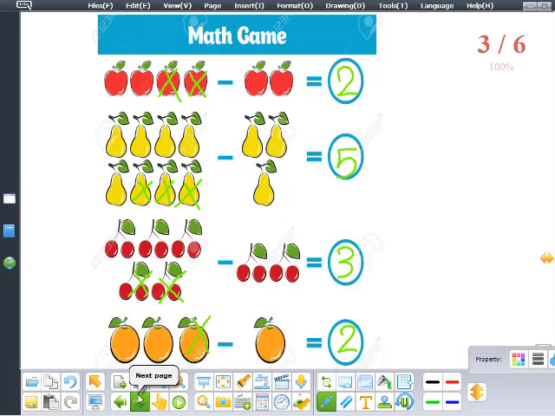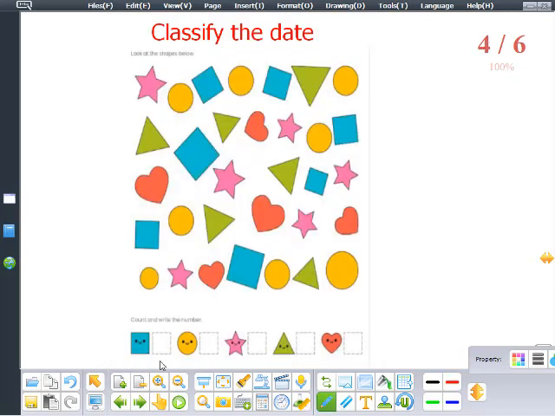Now let's look at another thing. Here, classifying the data. We classify the shapes. For example, look here. That's the square, circle, star, triangle, and heart. Here we count each of them and write the number in these squares.